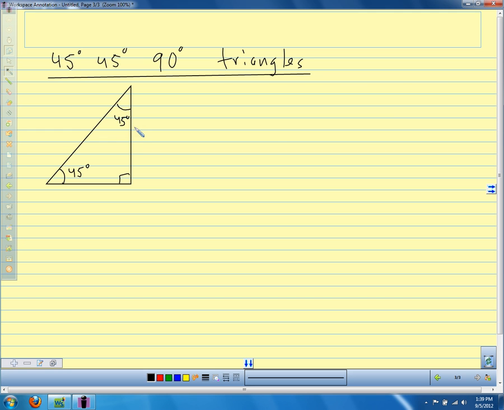And just to make our lives easier, we're going to say that each of these sides, because the two angles are the same, the two sides are the same, each of those sides is 1. Just to make our calculations easier. If each of those sides is 1, how long is the hypotenuse going to be?